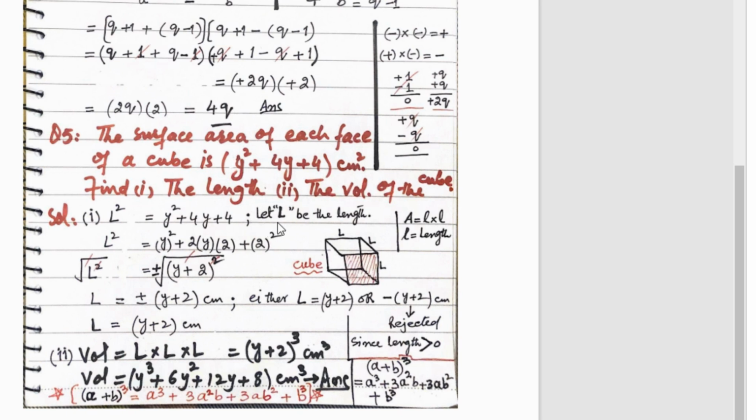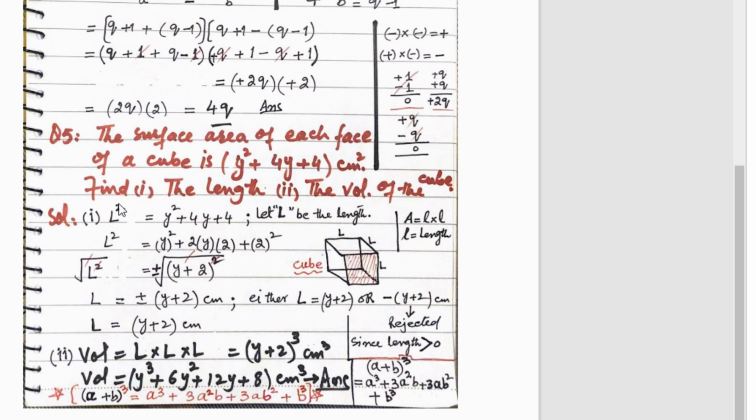If we find one length, it means we have found the lengths of all the sides of the cube. If you write down these few words, I think it will be very easy for you to grasp: let L be the length, that length which we are going to find out, which is a side of a face of a cube.